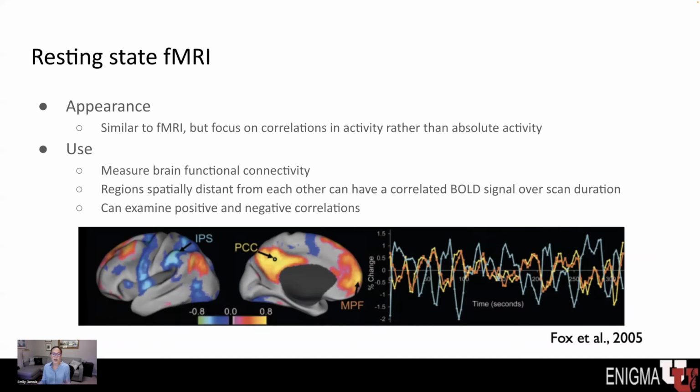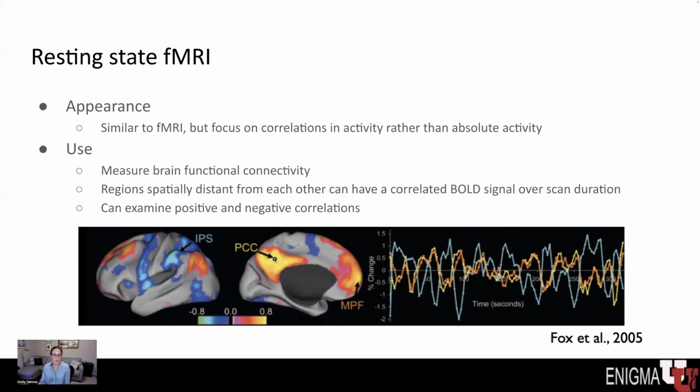And what we're looking at is how different parts of the brain correlate in their activity. Your brain is never fully active and never fully at rest. It's always humming, doing all sorts of background processing. And we can look at how certain brain regions hum together.